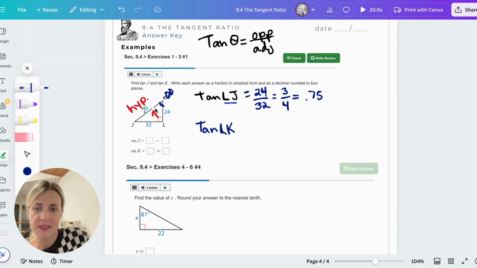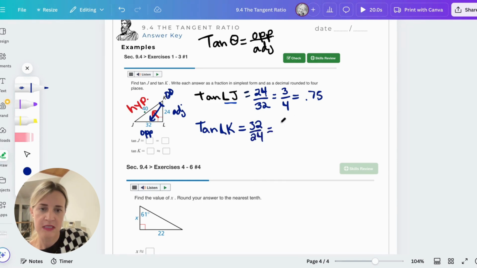And we'll label our opposite side. So if we shoot our arrow that flip-flops this time, our opposite side is over here. And our adjacent side would then be here. So tangent of angle K is equal to opposite over adjacent. Opposite was 32, adjacent was 24. So that will reduce to 8, 16, 24, 4 over 3 this time.